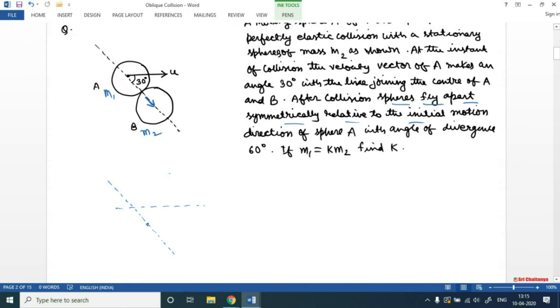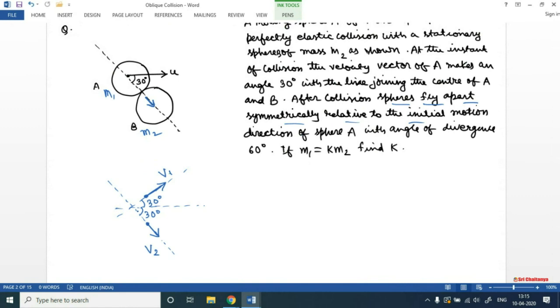So the velocity of m2 would be in this direction, say V2 after the collision, and this angle is given to us as 30 degrees. The other body is flying symmetrically with respect to this line, so the body m1 will fly in this direction with some velocity V1. This angle is also 30 degrees, as the angle of divergence is 30 plus 30, that is equal to 60 degrees.